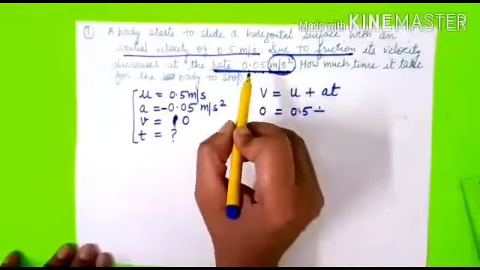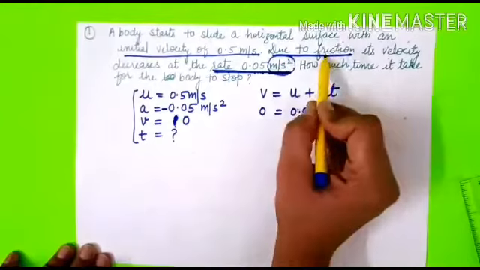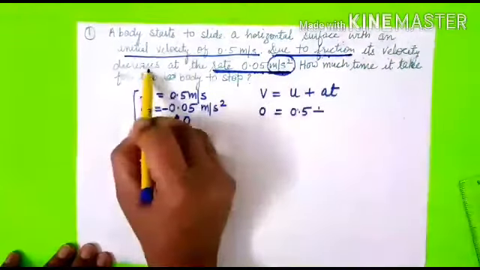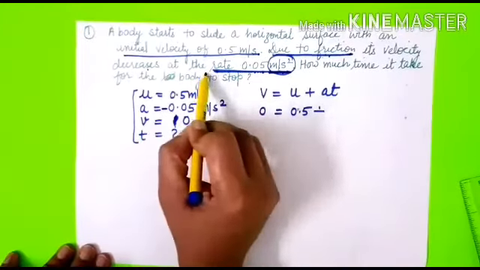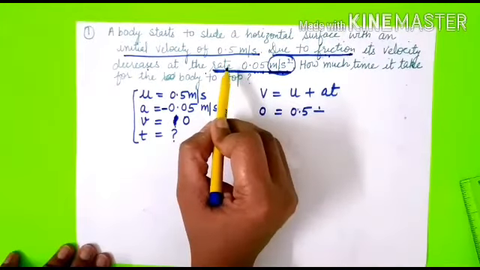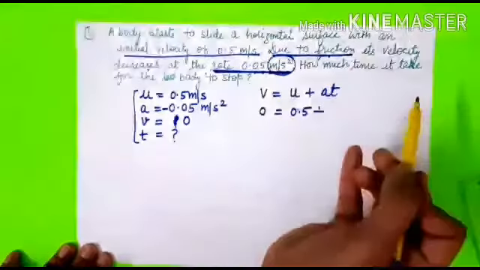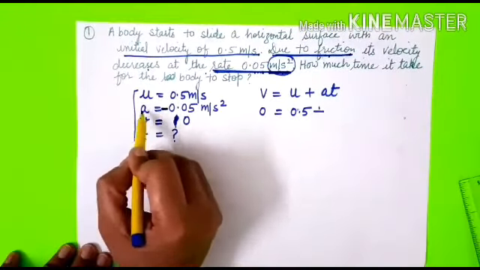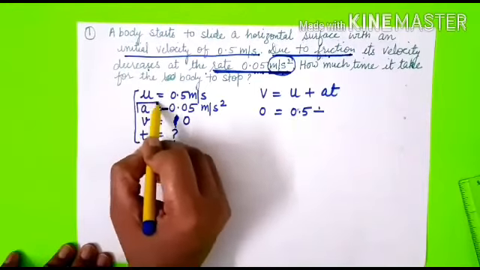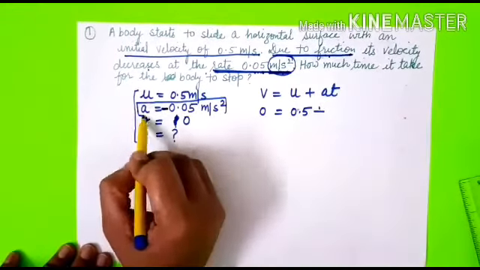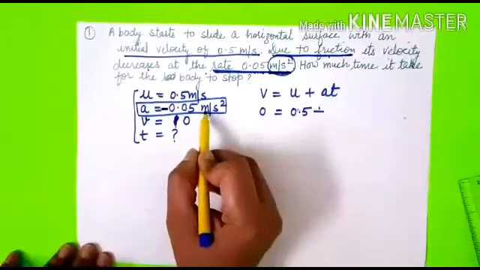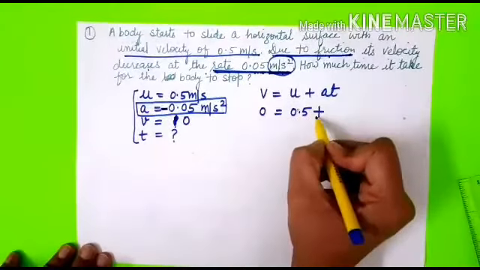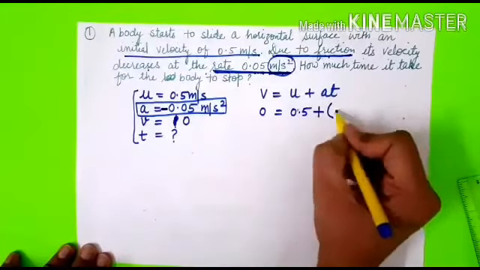Whenever in any numerical, due to friction or after applying brake, the velocity decreases, then we can represent the acceleration in terms of retardation, and we put a negative value, and this becomes retardation, instead of acceleration.